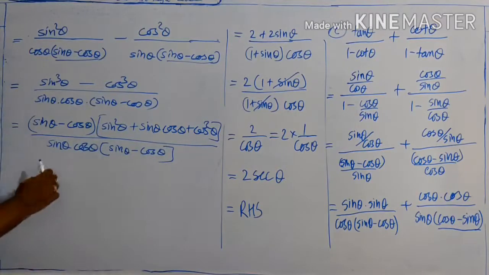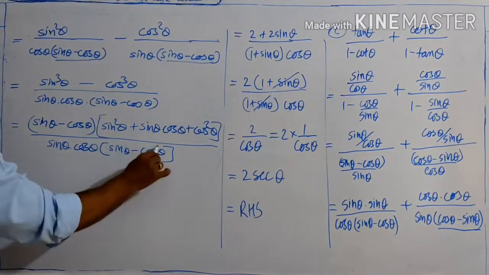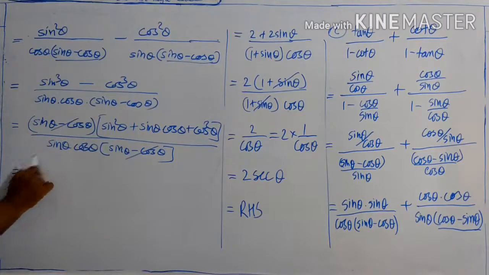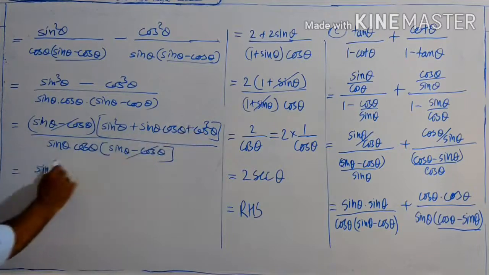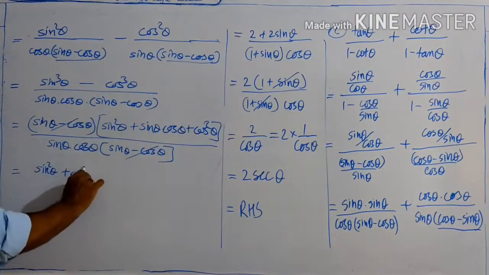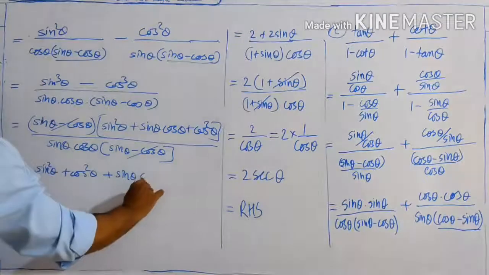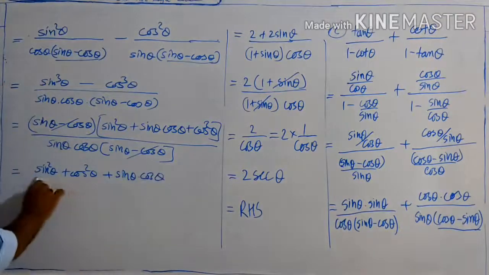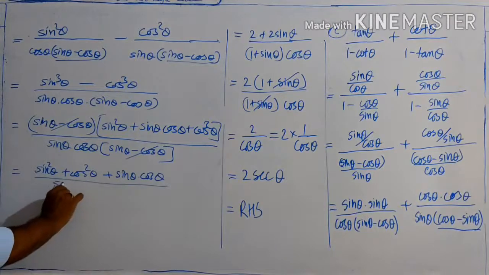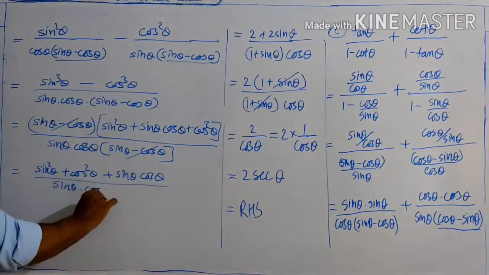So now here we got this, so we can cancel the common ones, and we will have the numerator, arranging the numerator, sin square theta plus cos square theta plus sin theta into cos theta whole divided by sin theta into cos theta.